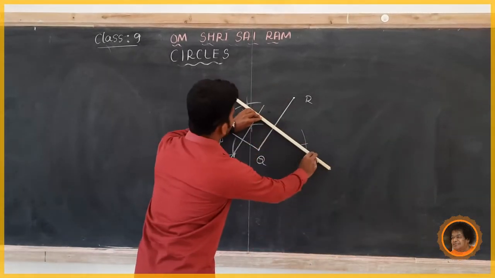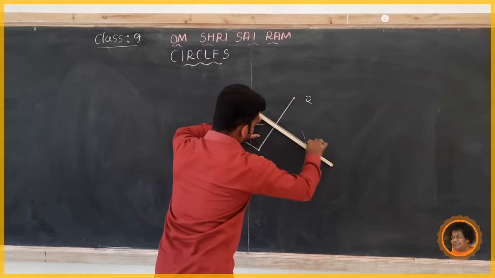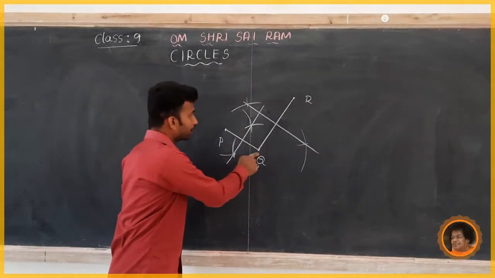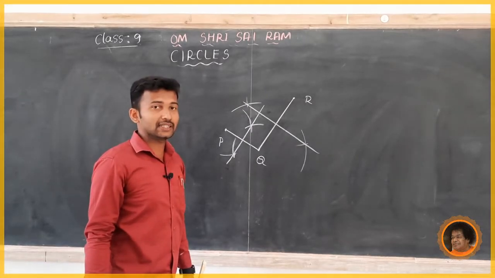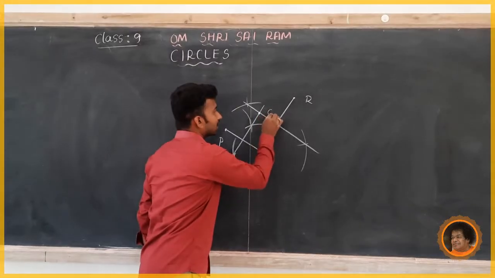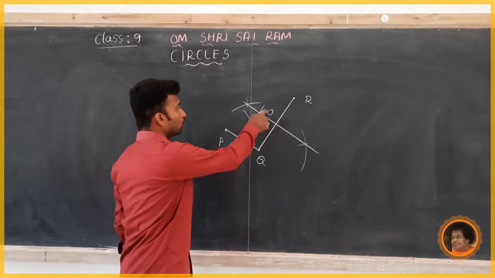Join the points of intersection of the two arcs. The bisectors of PQ and RQ intersect at a point, which we call O.